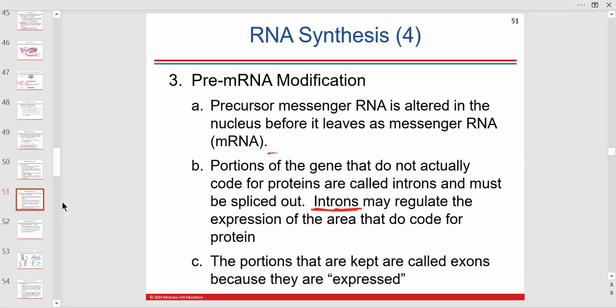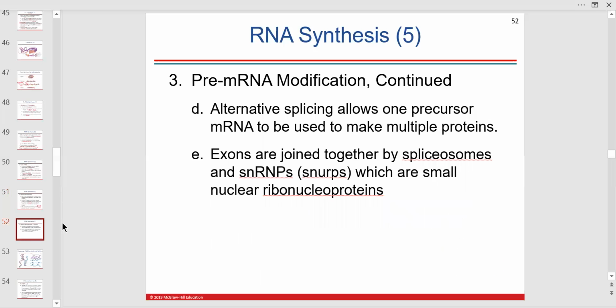So the introns are not expressed. They're not the part of the DNA that's going to be usable. Exons are the ones that are spliced together, and they're going to ultimately make up the genes. So introns are cut out. Exons are spliced together DNA chains. Really, it's RNA at this point to make those amino acids.